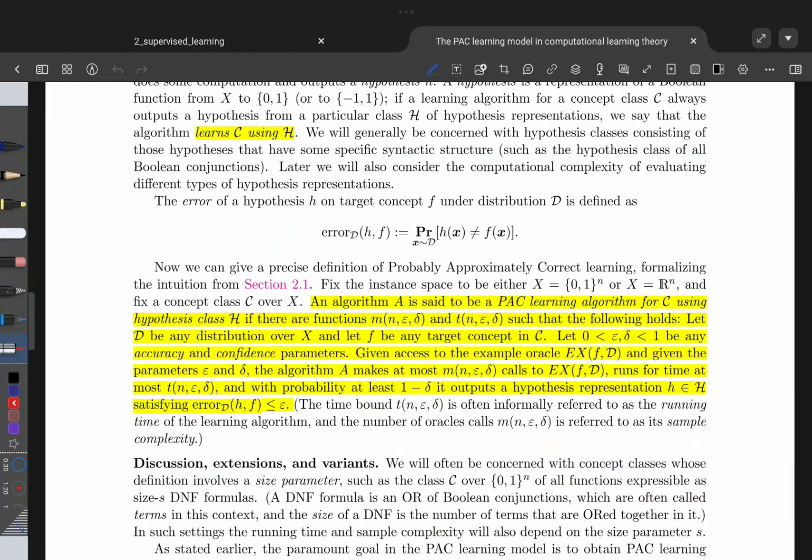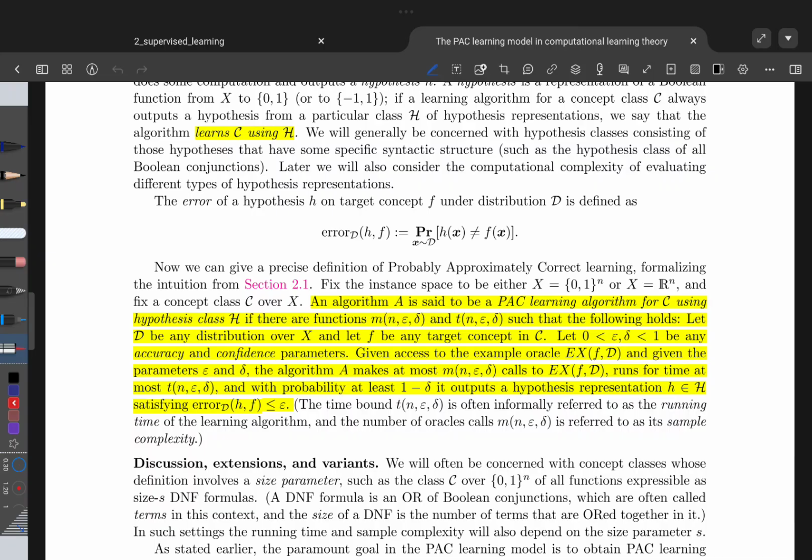All right. So the definition of a PAC learning algorithm now is a little bit different from what we saw in class. A PAC learning algorithm for a concept class C and a hypothesis class H is one where the algorithm takes m samples. m can be a function of n, epsilon, and delta. So slight difference in notation over here. n is the size or the dimension of the domain.